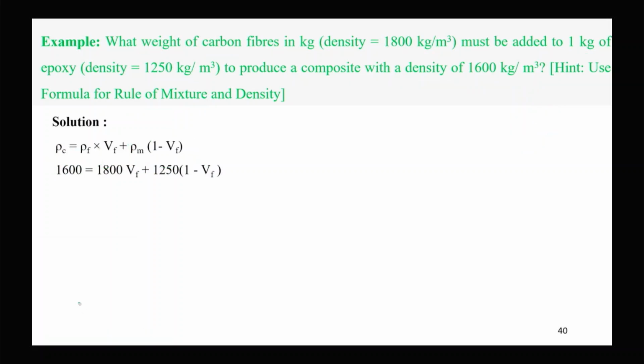So replacing the data, 1600 is the density of composite, 1800 is the density of fiber, and 1250 is the density of matrix. By solving this relationship, we get volume fraction 0.636. That means 63.6% fiber is there. Okay.